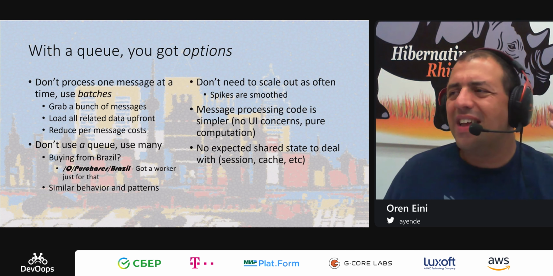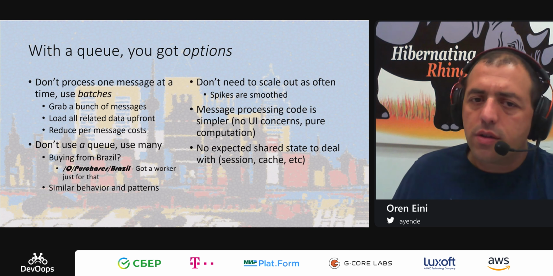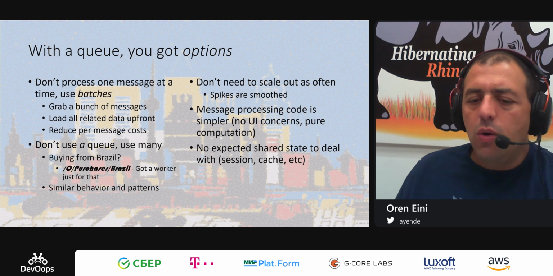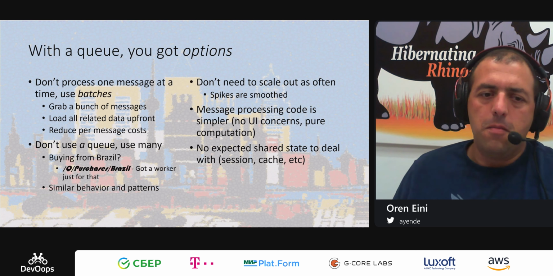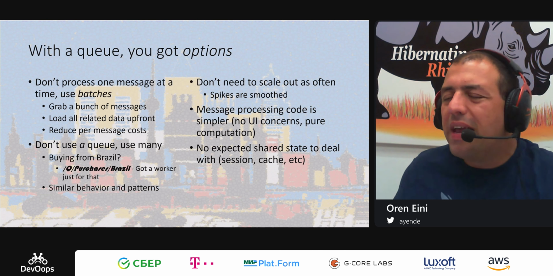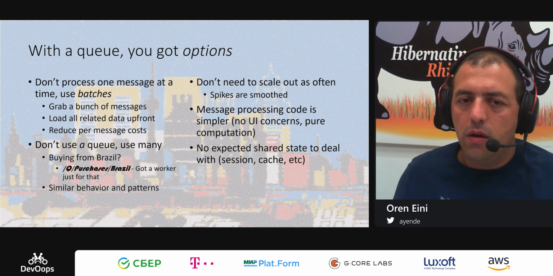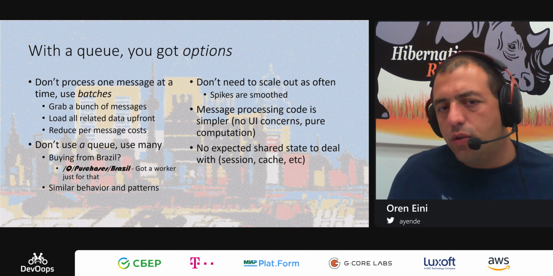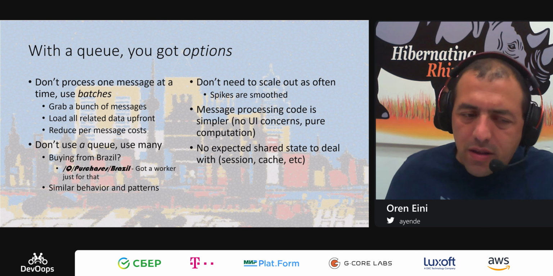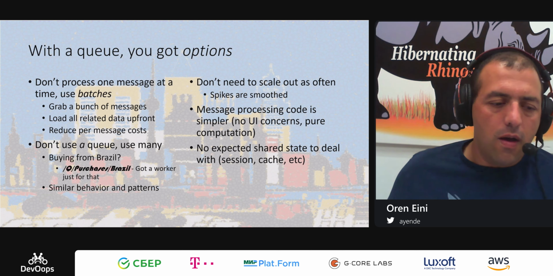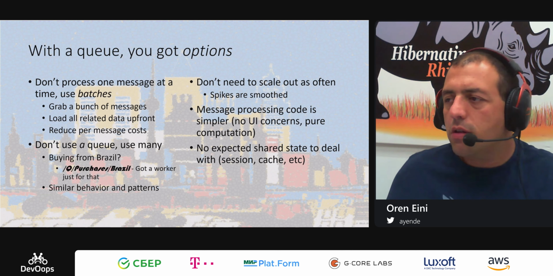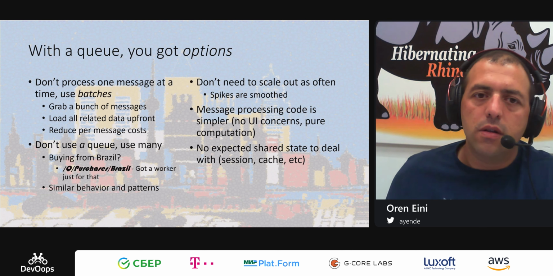Now, this is not something that I can do if I'm just processing requests, but using a queue, it is almost mandatory. It becomes something that I can trivially do. And the cost per message is amazing, in the amount of time and effort that I can spend.